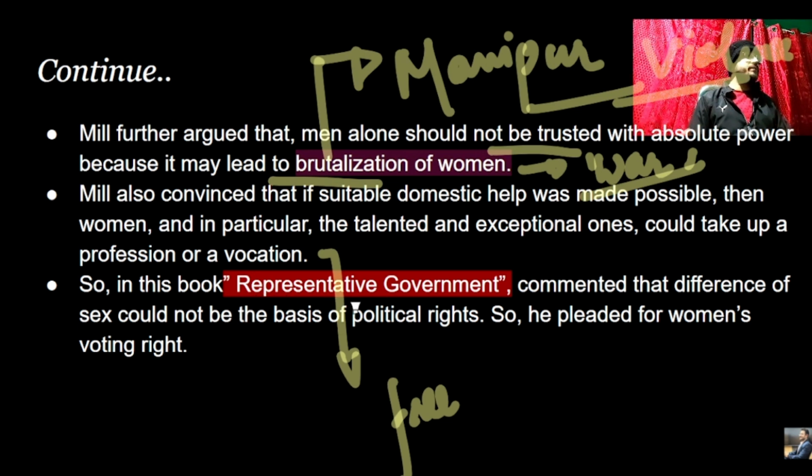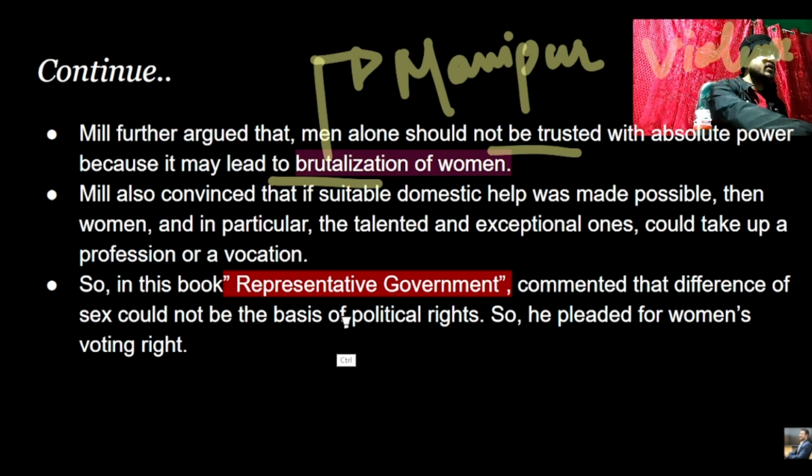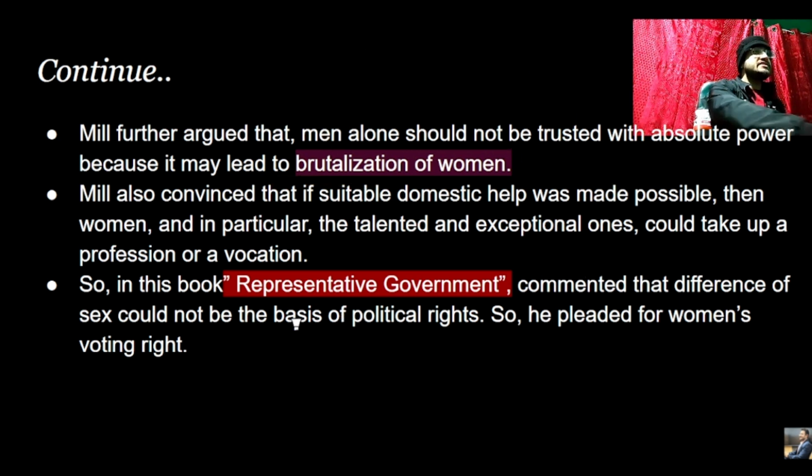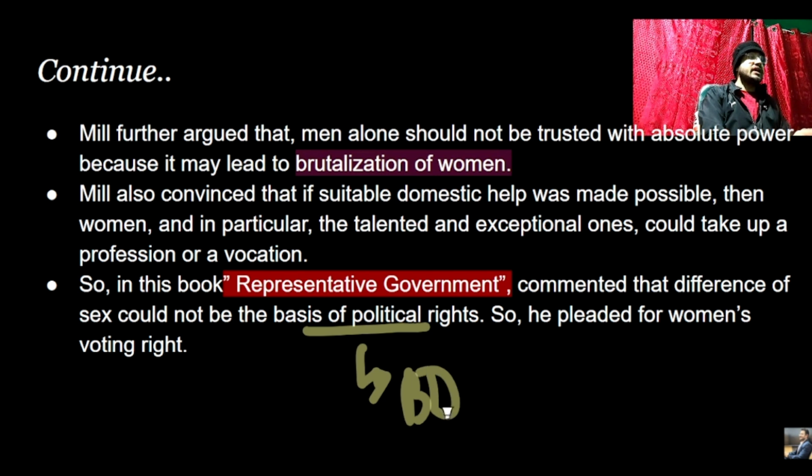In his book Representative Government, Mill commented that differences of sex could not be the basis of political right, as we have already seen. The biological difference cannot be the basis to exclude women from the right to vote.